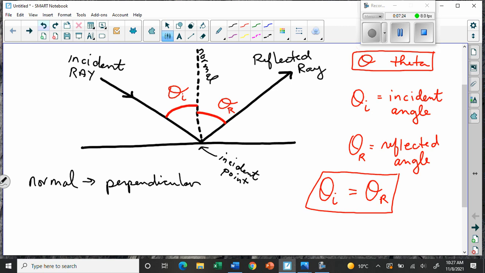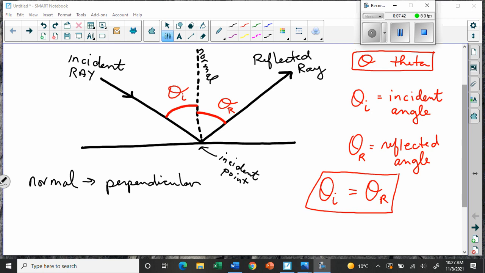So what that means is that we can make a prediction, right, about how the light will reflect. Okay, so remember also, we've learned about colors and reflecting and absorbing of light.